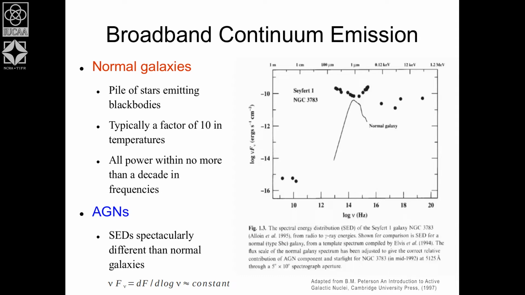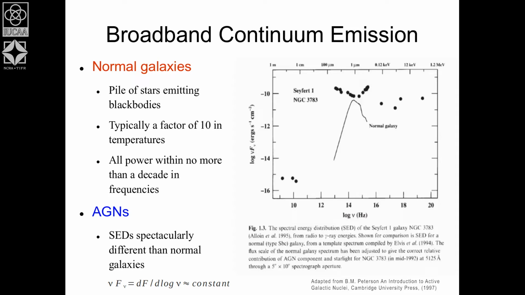And in this plot, the x-axis is the log of frequency, and the y-axis is the log of the flux, f nu. So the emission from a normal galaxy is confined roughly in a frequency range which varies by a factor of 10 or so.